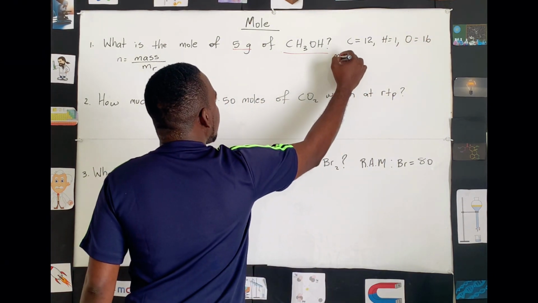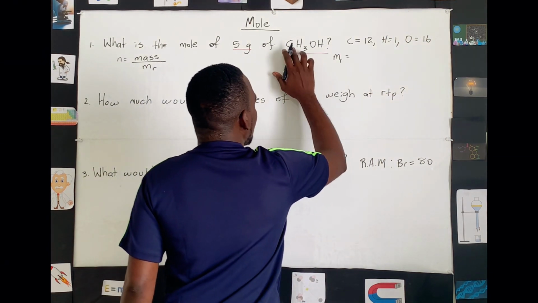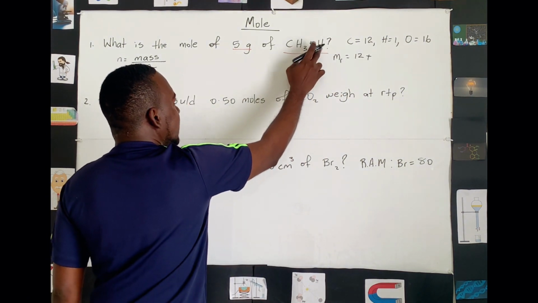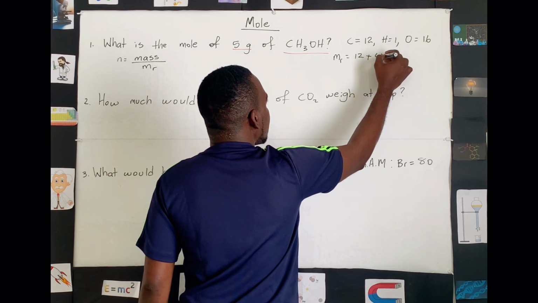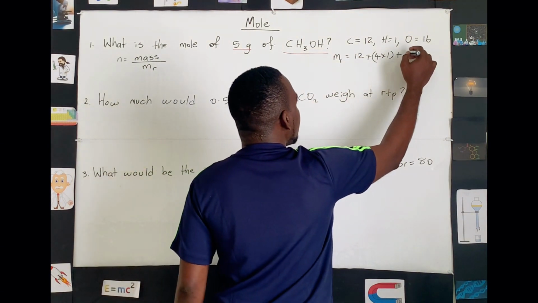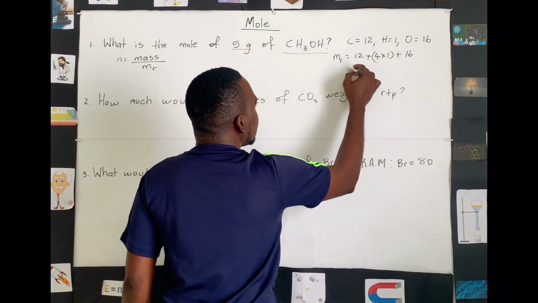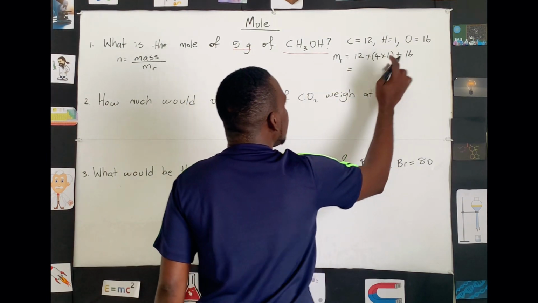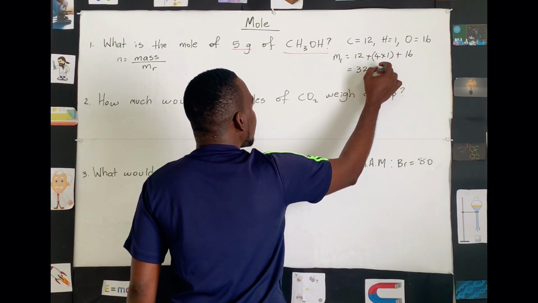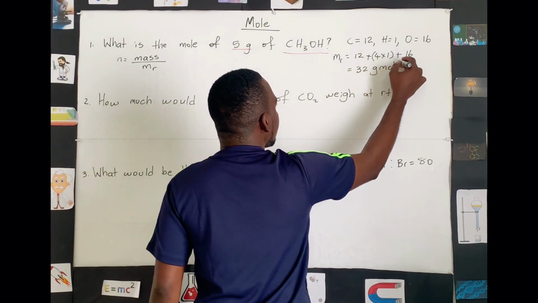So the molar mass is: it has 1 C, so that's 12, plus it has 3 here and 1 here, that's 4 H's, so 4 times 1, plus it has just 1 O, which is 16. So this is 4 plus 16, 20, plus 12, that's 32 grams per mole.